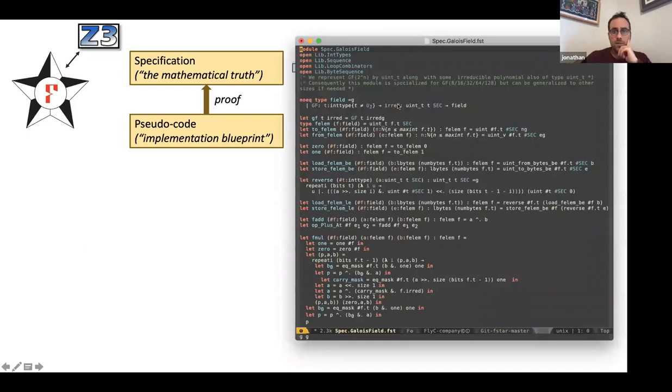So this is a much more concrete representation of GF128. This one has loops, binary shifts, XOR operations, so you can see that it's a much more concrete representation. It's not yet something that will extract to C, but at least it's an intermediary step on the way to a low-level efficient implementation.